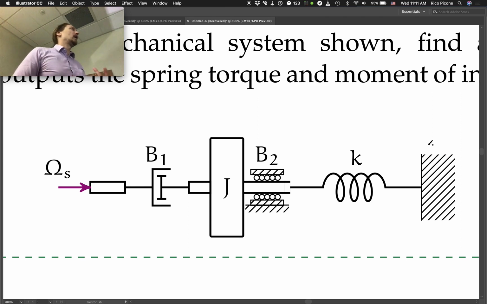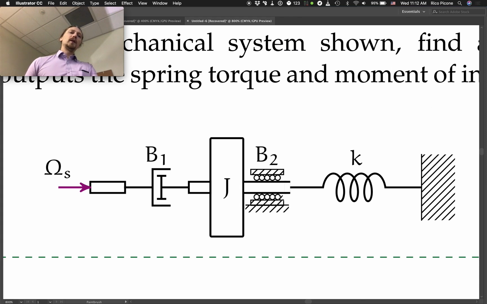So let's think about it. There are a lot of different real mechanical systems that might fit this model, but one that is kind of a fun one is if we thought of this as a velocity measuring device, if you wanted to measure the angular velocity of the shaft that is being connected here.